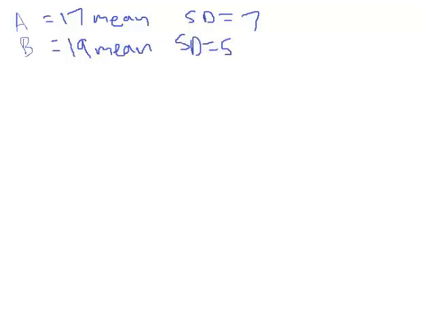Okay, so let's apply the formula to figure out the standard deviation of the difference between them, B minus A or A minus B. It makes no difference which way you put it.